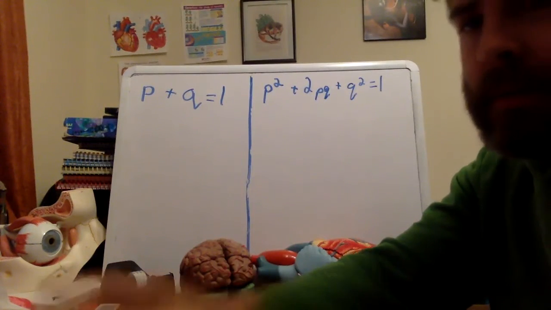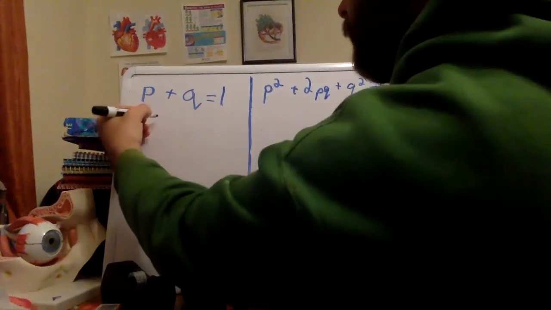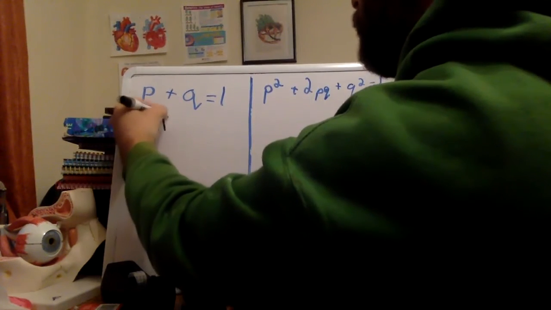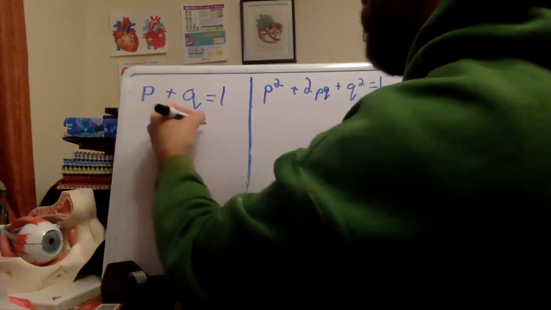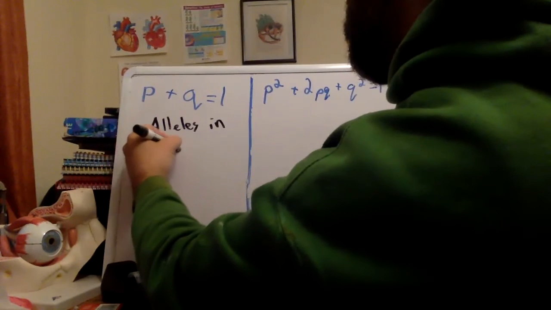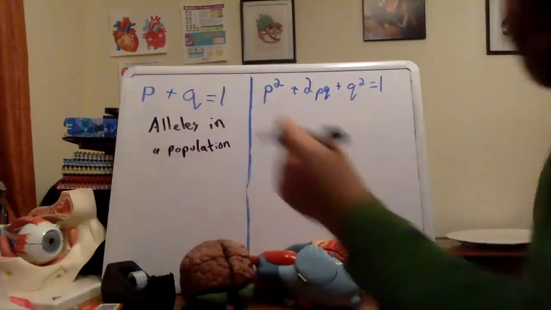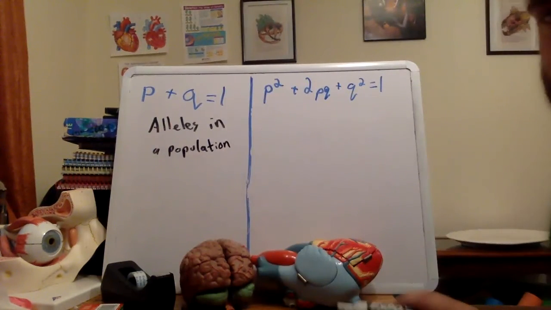We've got to turn them into decimals. We'll get there later. So this is alleles in the population.